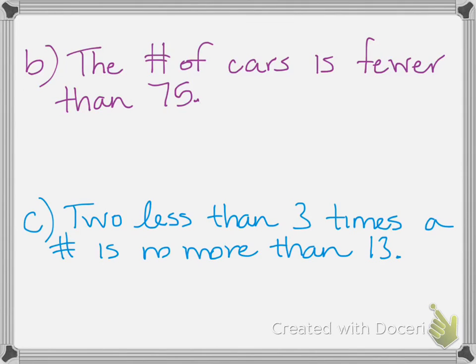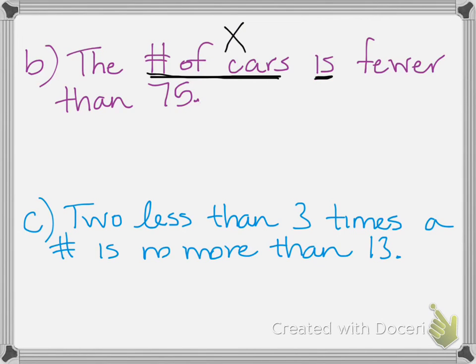All right, I've got 3 more examples for you. The next one says, the number of cars at a dealership is fewer than 75. All right, number of cars. Do we know what that number is? No, that's x.